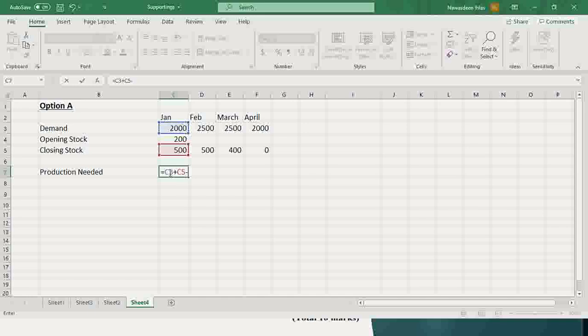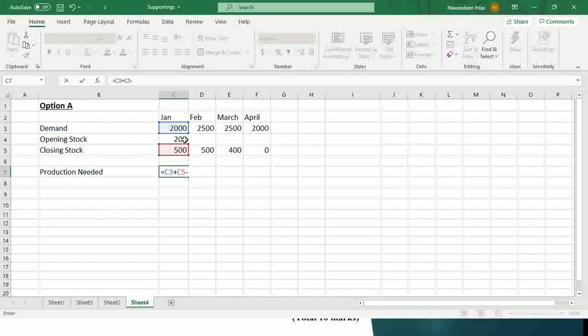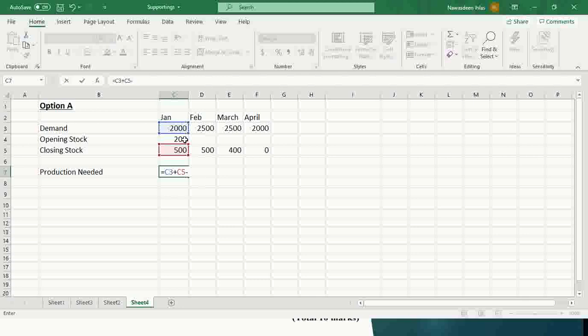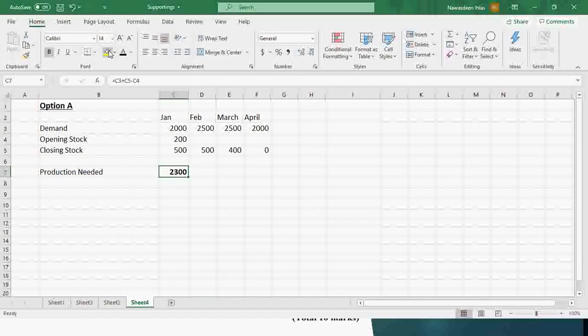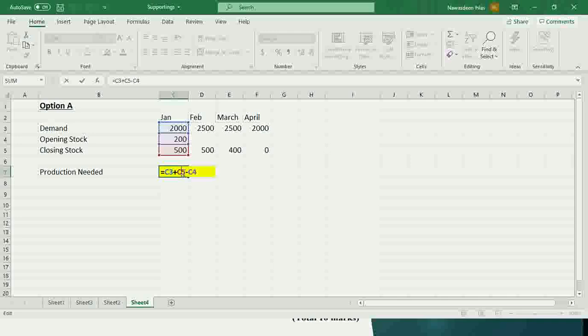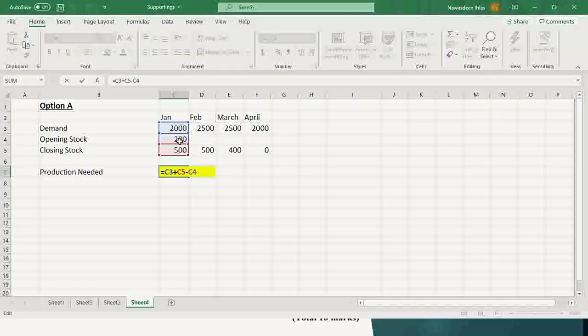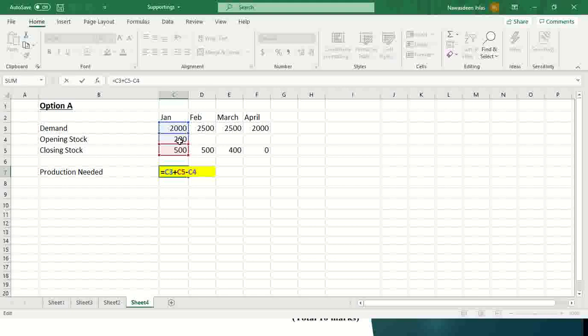This is already available in our opening stock, that means we no need to produce that in this month. So our production capacity will be 2300. So in which way we have computed that one? For the demand we added the closing stock minus our opening stock. That is the opposite of the cost of sales computation.